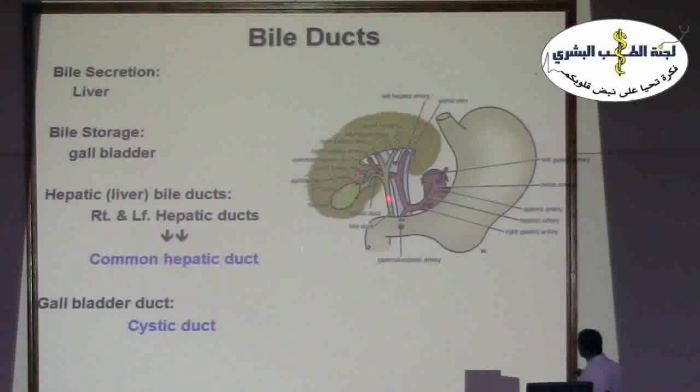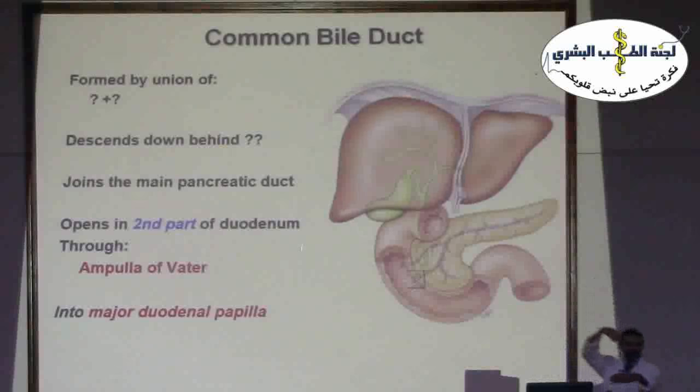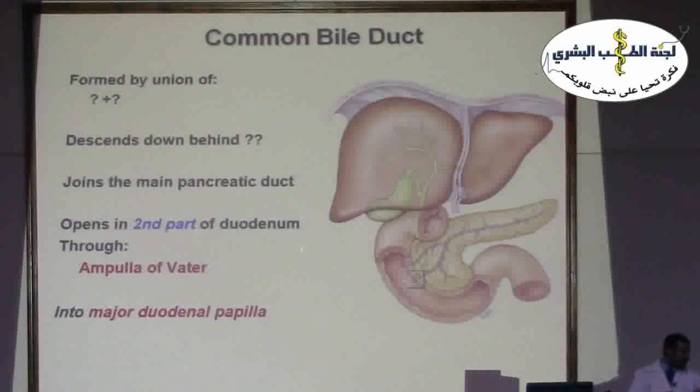The common bile duct will pass in the posterior abdominal wall behind the duodenum. So it's retroperitoneal now. The common bile duct descends behind the first part of the duodenum. After that, as you see, it will move from behind the duodenum to behind the head of the pancreas, then it will penetrate the head of the pancreas to join the main pancreatic duct.